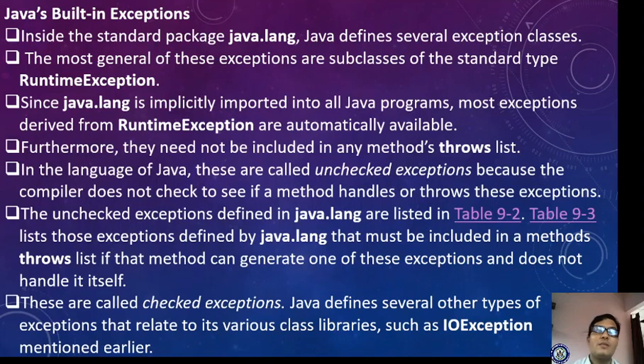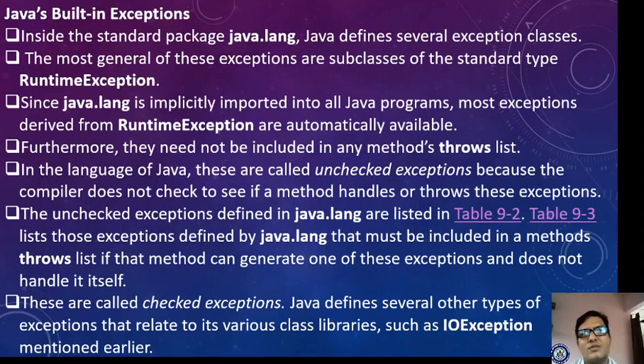So while writing the main method, I am writing throws Exception, or throws IOException, right? Likewise, that method has to identify the particular type of exception. Okay, yes, these are called checked exceptions.